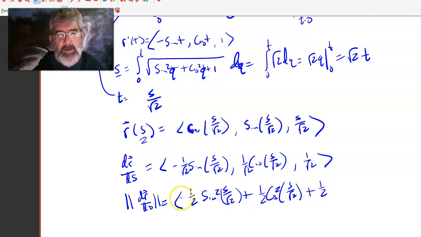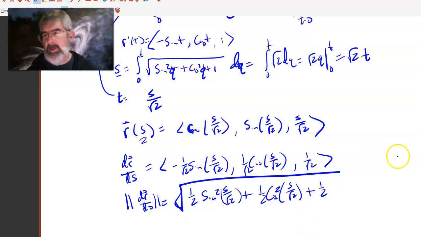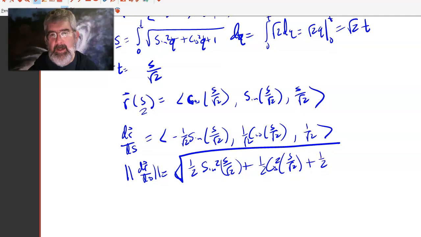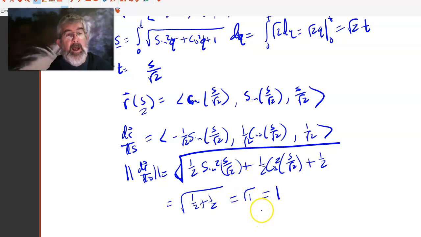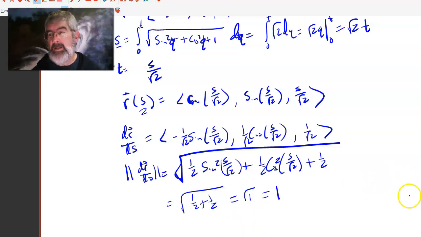I'm taking the square root of all that because I'm taking the length of the vector. And I factor the half out of that thing. Sine squared plus cosine squared is 1. So I'm left with the square root of 1/2 plus 1/2, which is the square root of 1, which is 1. By reparametrizing, I went from having a speed that was always radical 2 to a speed that's always radical 1.